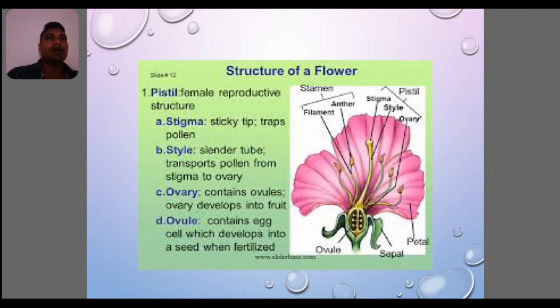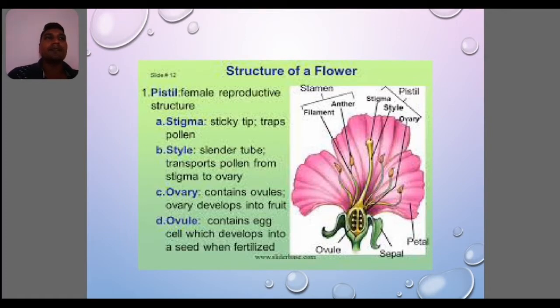Every flower consists of the sex organs, which are most essential for reproduction, that is androecium and gynoecium.